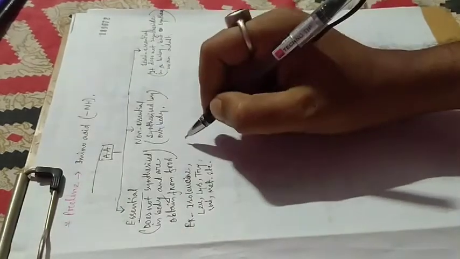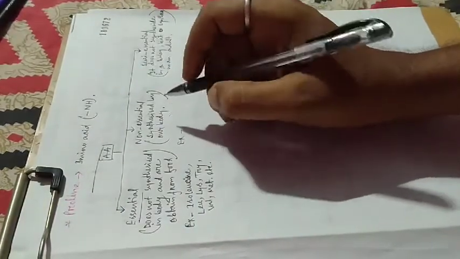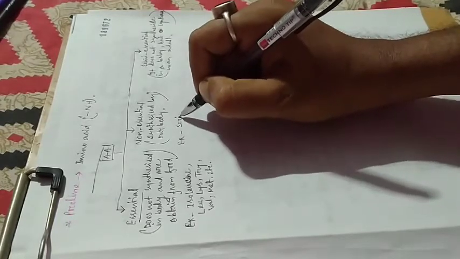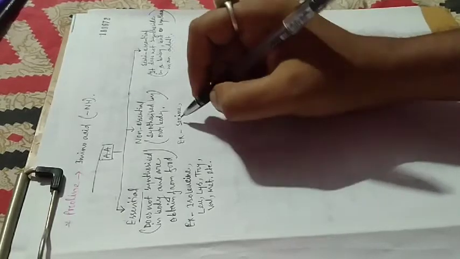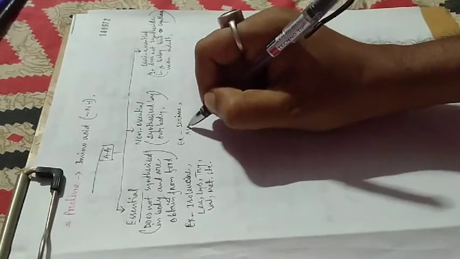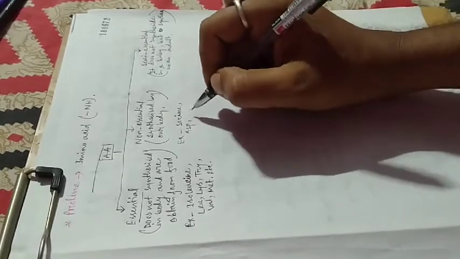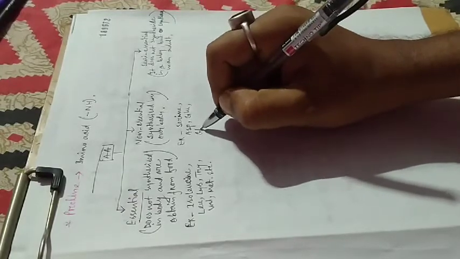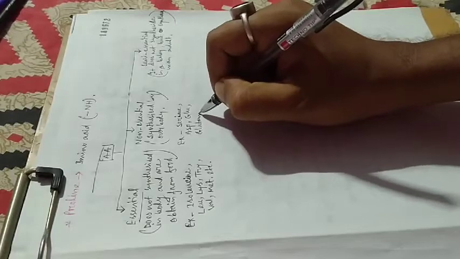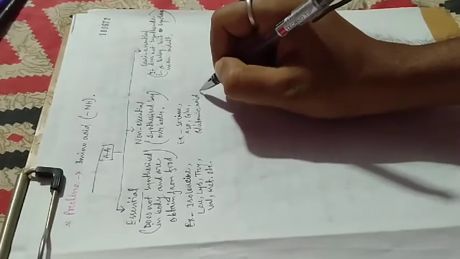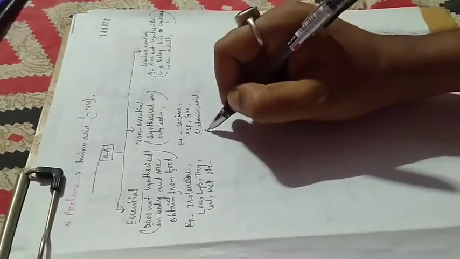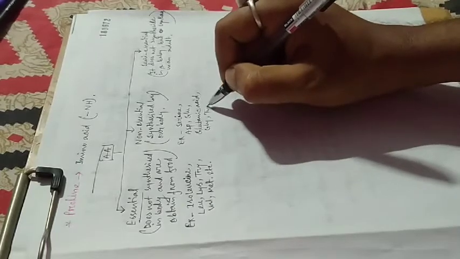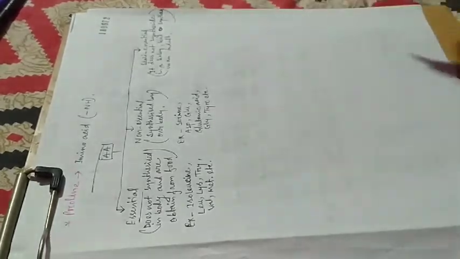Okay. Non-essential amino acids, as examples, are serine, aspartic acid, glutamine, glutamic acid, glycine, tyrosine, etc. Those are the non-essential amino acids.